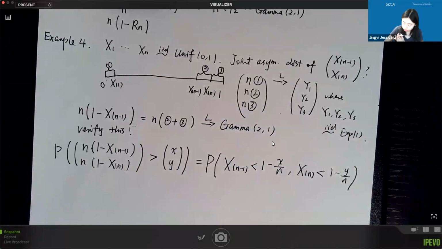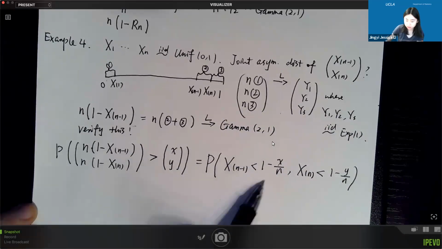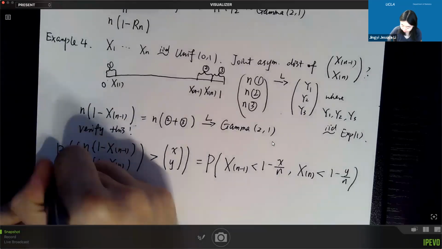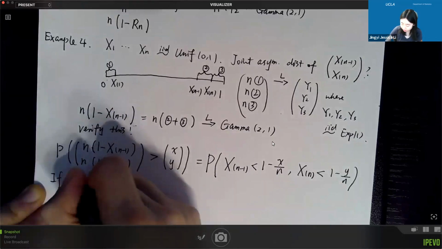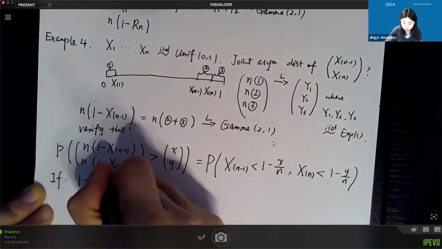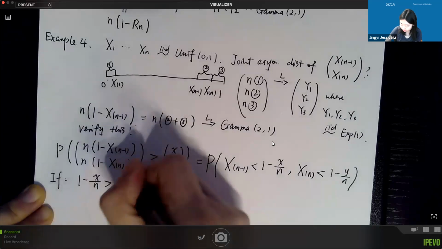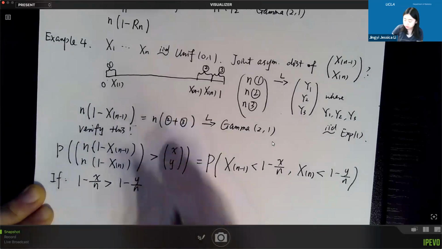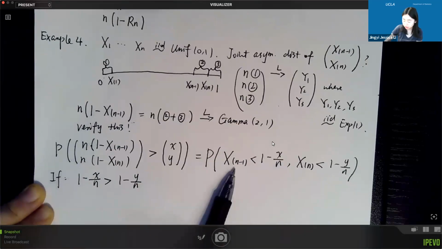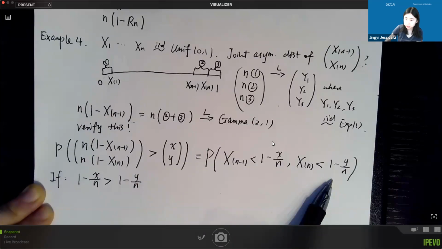Okay, so how do we derive this probability? We need to consider two cases. So first of all, if 1 minus x over n is larger than 1 minus y over n, in other words, the upper bound on the second maximum is larger than the bound on the maximum, then the first bound is essentially meaningless, right?